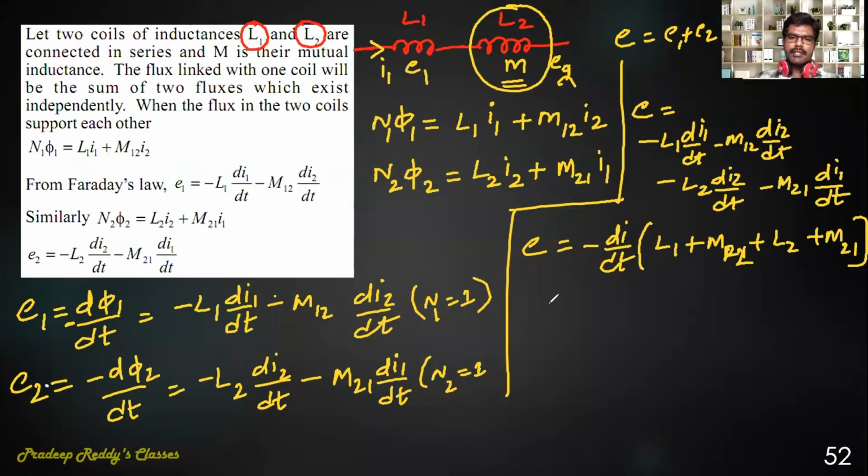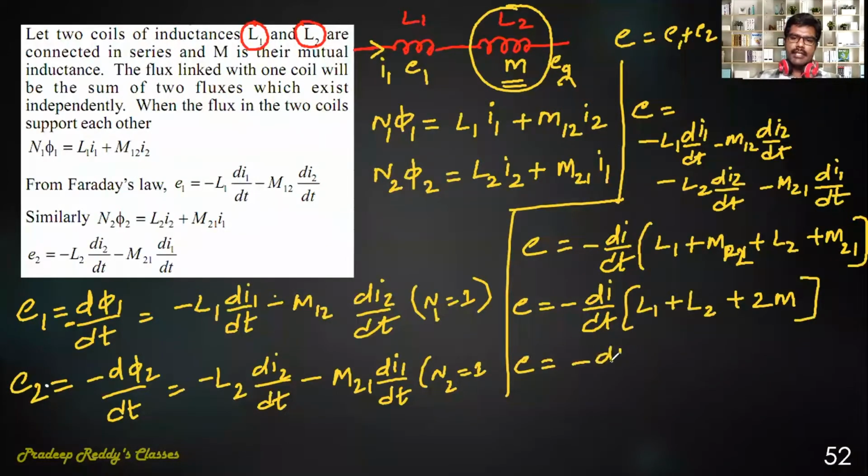We have already seen that it is minus di by dt into L1 plus L2 plus 2 times mutual inductance M. So whenever you are taking two inductors in series, the EMF induced will be minus of this total. You can compare this with minus di by dt into L effective.